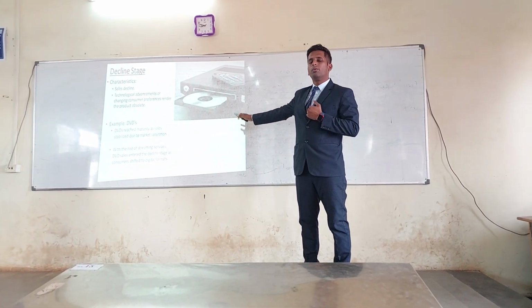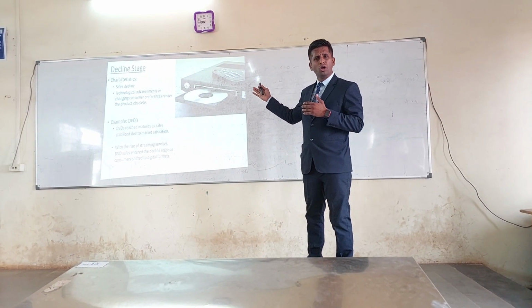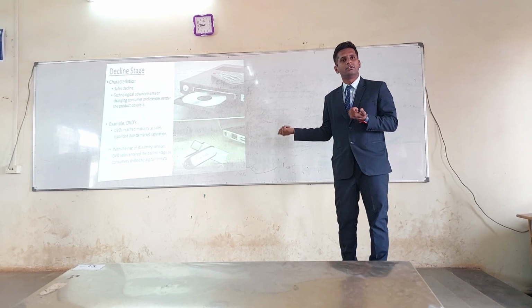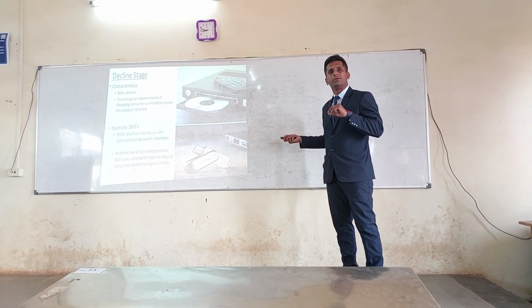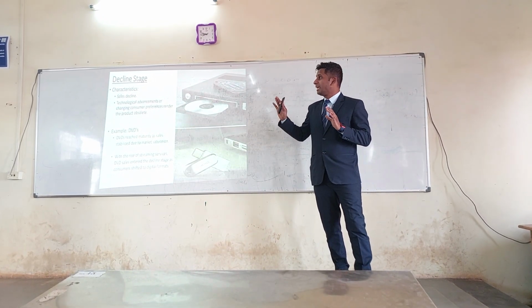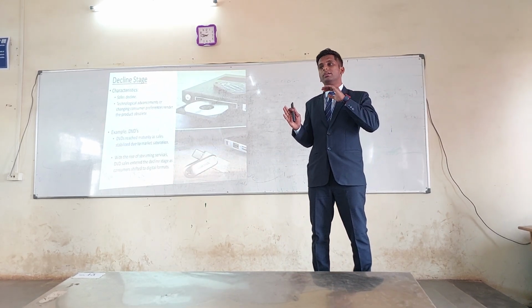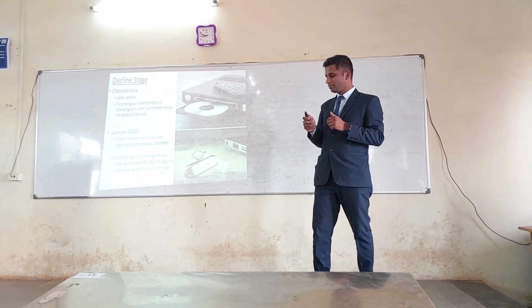So now no one needs this because this is an old technology and also high cost. So what is this replaced by? They now use flash drives and pen drives. So you can connect it and go anywhere. So this is how the product decline stage works, it means the product is completely dead, not in the market. No one is ready to hire and no one is ready to take this product.